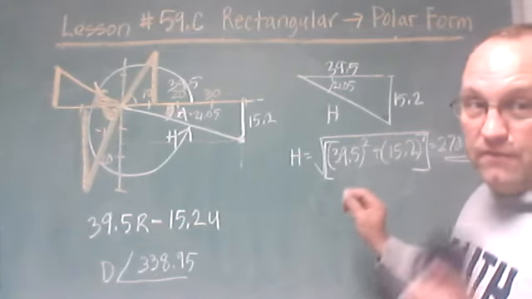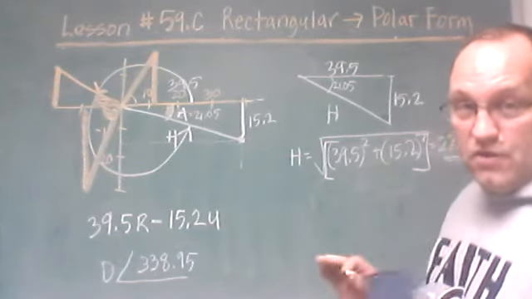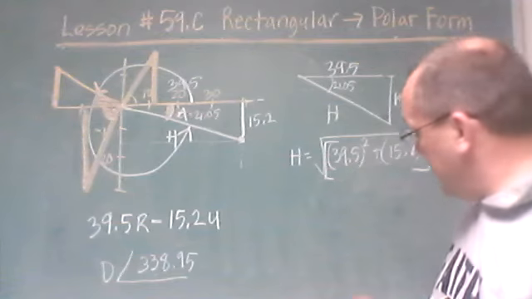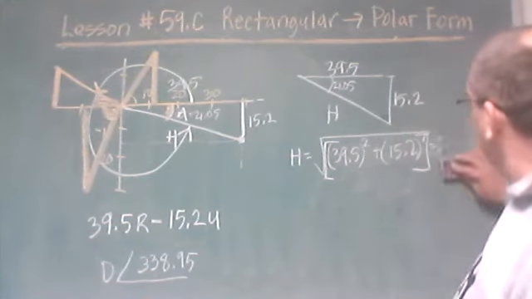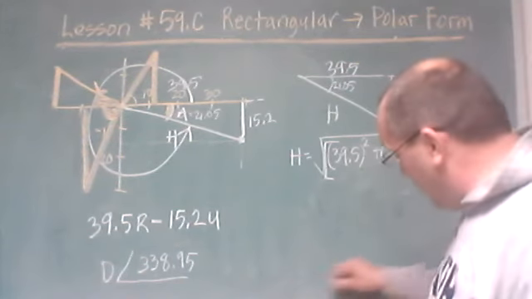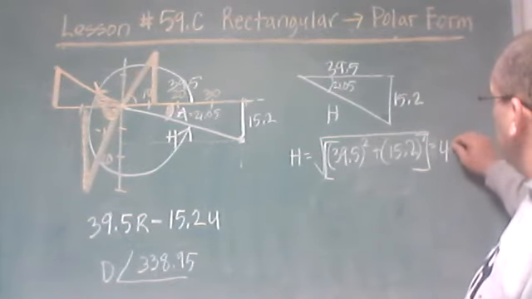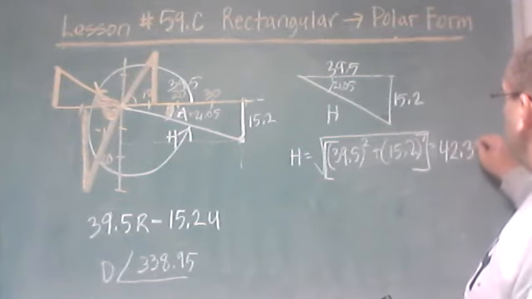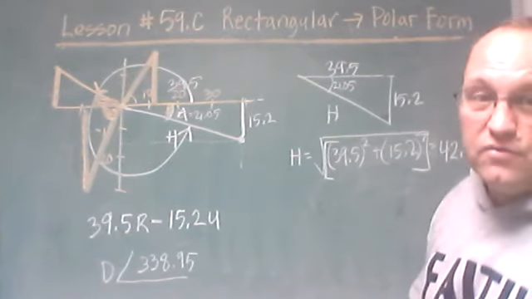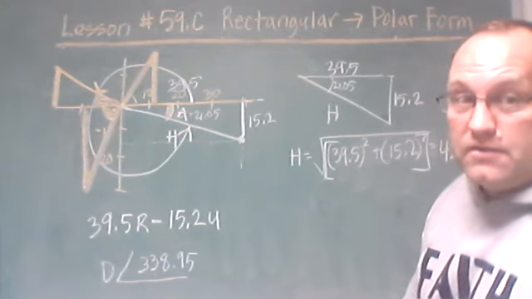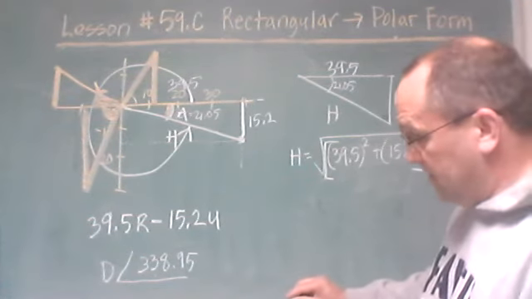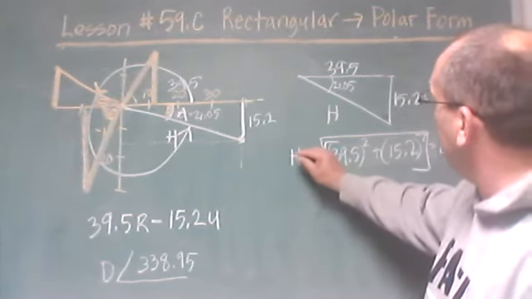If you're confident that you know how it works in your calculator, then do it. So I redid that, and I did it again in a slightly different way, and I got 42.32. That looks a little better. Let's see what it ends up to be with trig functions.